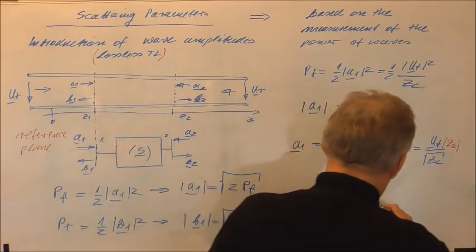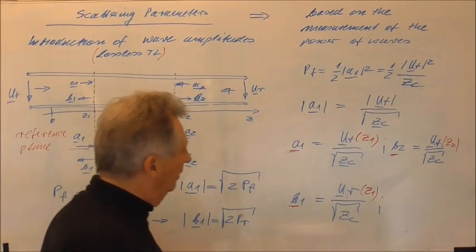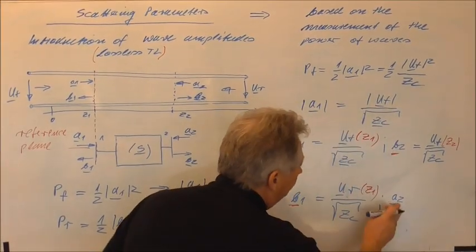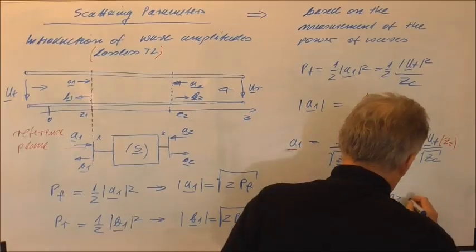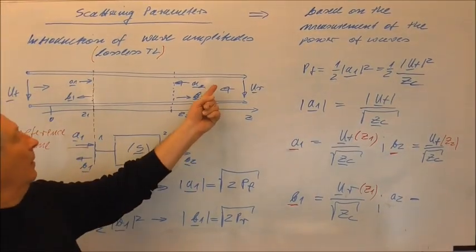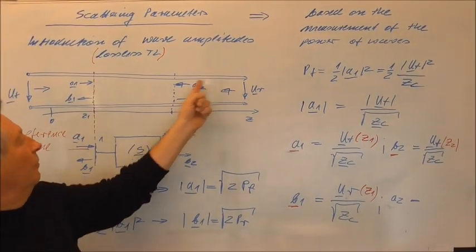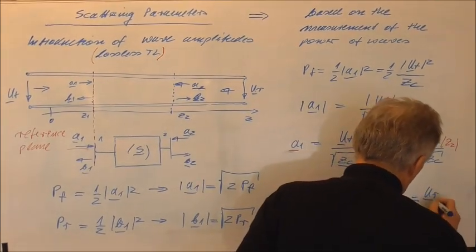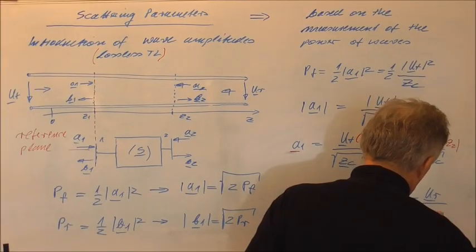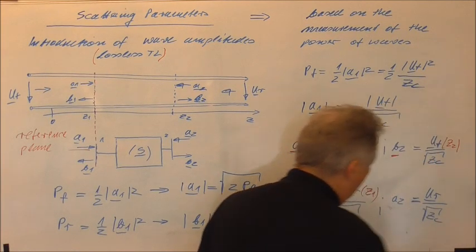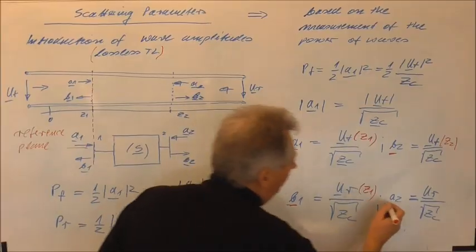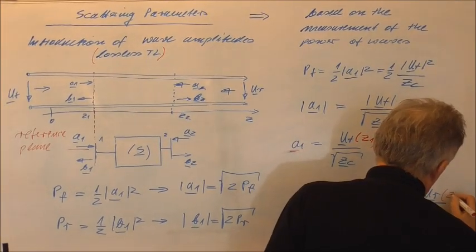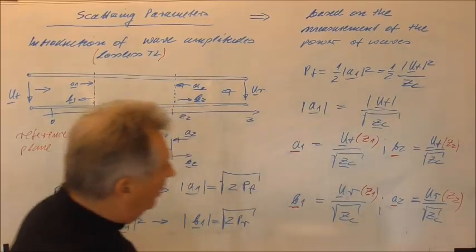And also for A2 we can set the same equations. Also here you see A2, it describes the reverse traveling wave. So we have here the voltage of the reverse traveling wave divided by Zc, and the phase is the phase at the point, or the plane, Z2.